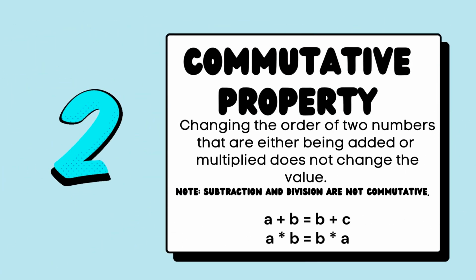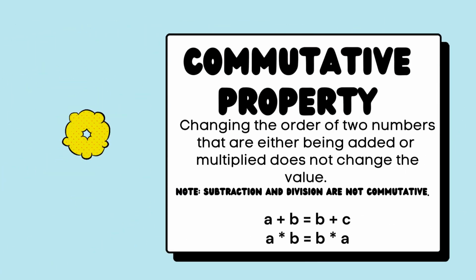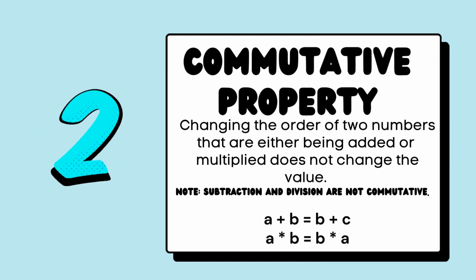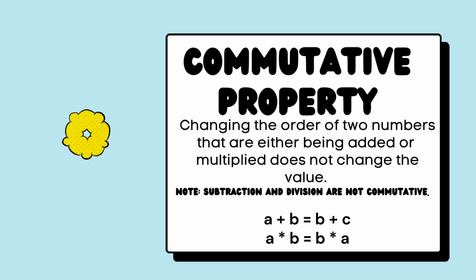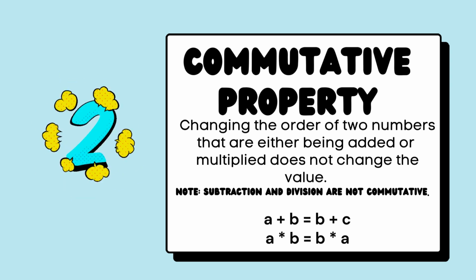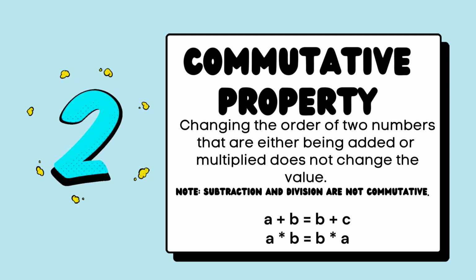The next one is commutative property. So commutative property states that changing the order of two numbers that are either being added or multiplied does not change the value. But in the subtraction and division, we are not applying the commutative. So we have, for example, A plus B is just the same as B plus A. It's not C class.